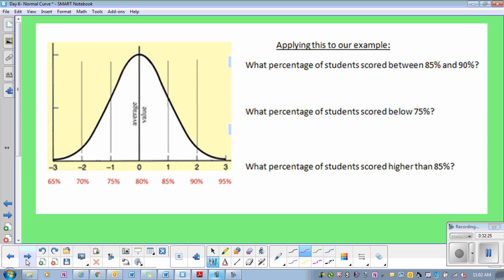Going back to our example, okay? The next page. What percentage of students scored between 85 and 90%, guys? Where is it? 85 is here, and 90 is here. So between that, you're here, right?